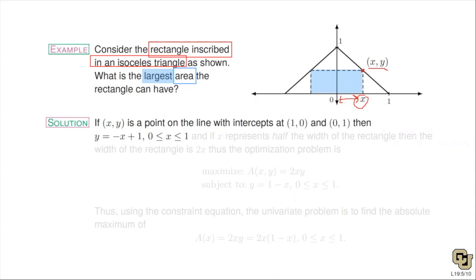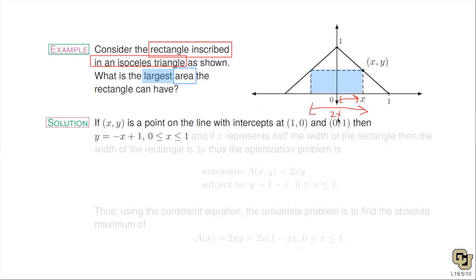First of all, the area of a rectangle is base times height. If I'm calling this distance from 0 to x, where x is a fixed positive number, then the entire distance will be 2x.